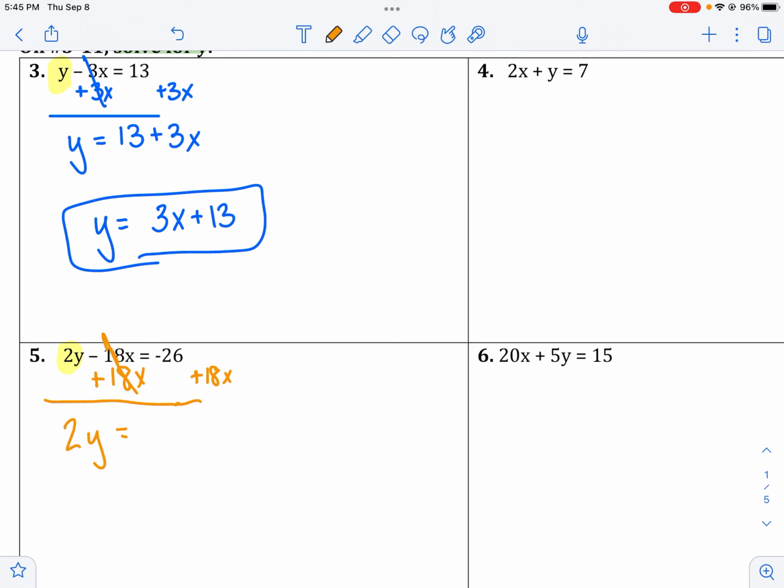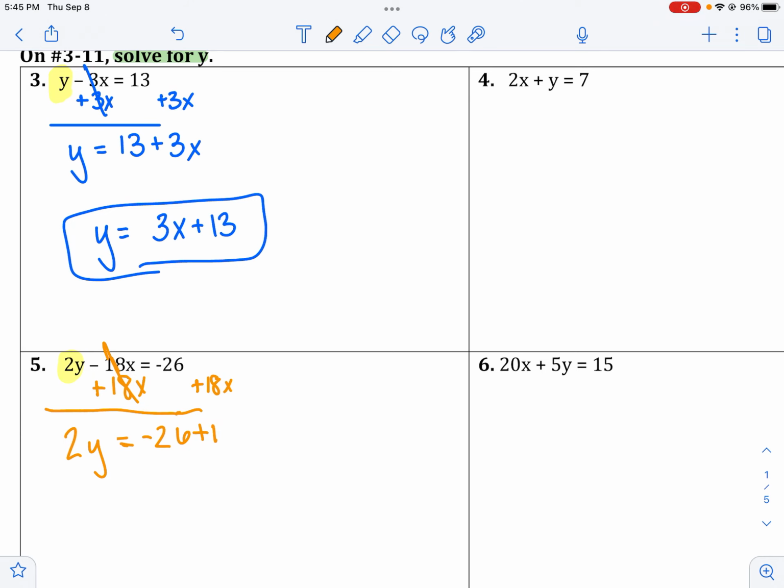And I'm left with 2y equals negative 26 plus 18x. Or another way of representing that would be 18x minus 26.